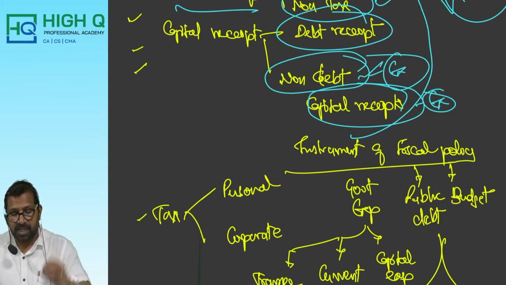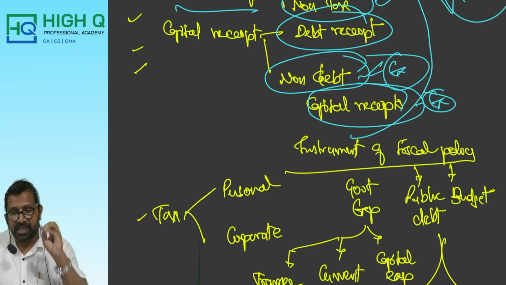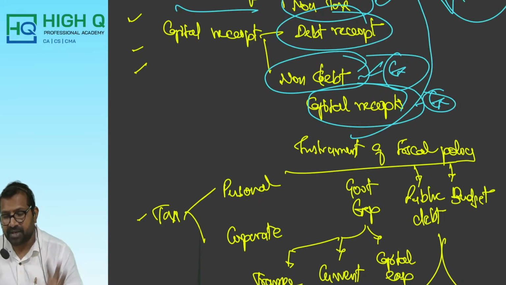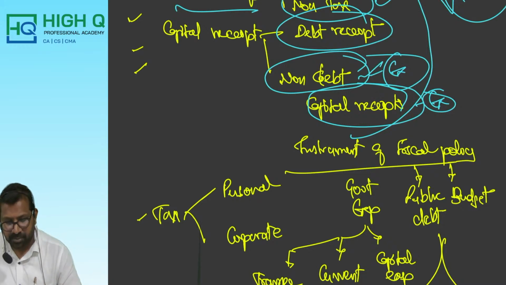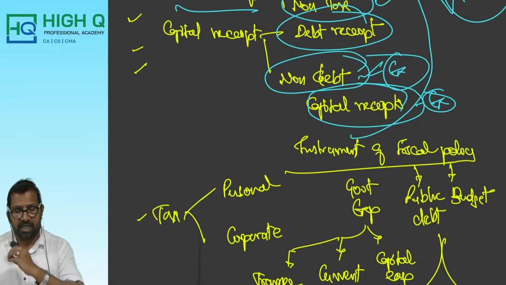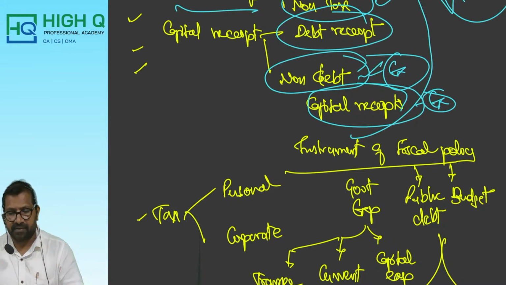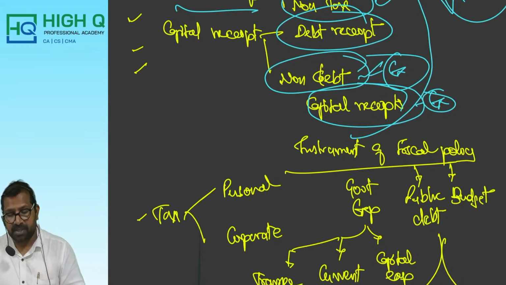Say, for example, interest receipt is an example that comes under dash: A, tax revenue, B, non-tax revenue, C, debt receipt, D, non-debt capital receipt. The answer is non-tax revenue. Like this you can expect the question. In the same way, another example: GST is an example that comes under dash revenue, tax revenue. The GST comes under tax revenue, which also comes under the category of A, revenue receipt, or capital receipt.